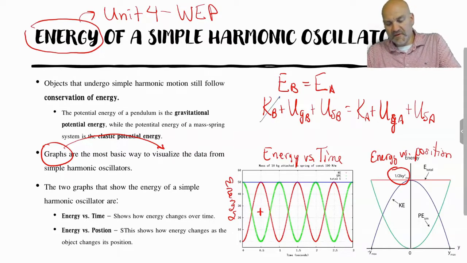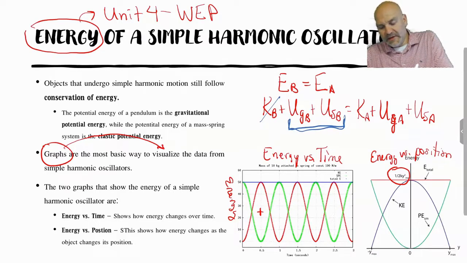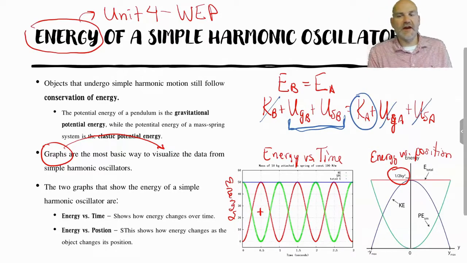And so typically what will happen is some of these terms will be 0 and you have to decide what kind of oscillator do I have, right? And then you're going to look for this and these will end up being 0. So you're going to have something along the lines of square root of 2gh, square root of kx squared over m, something along those lines for the kinetic energy or to find the speed at the end, okay?